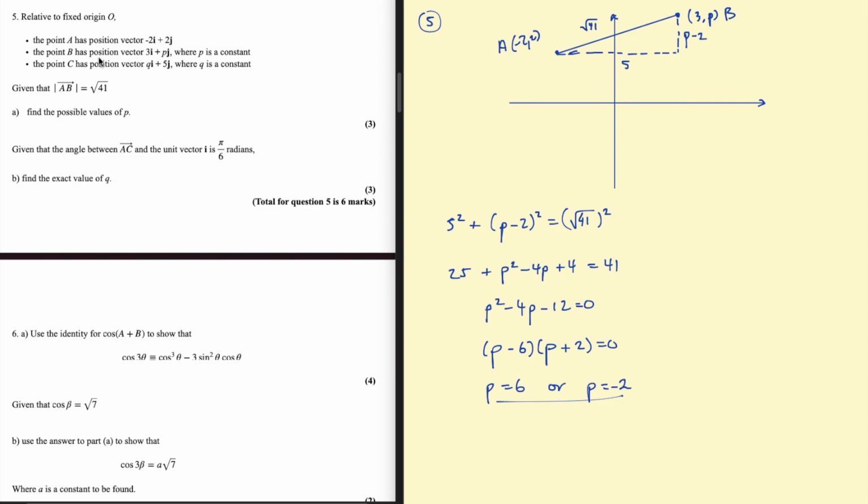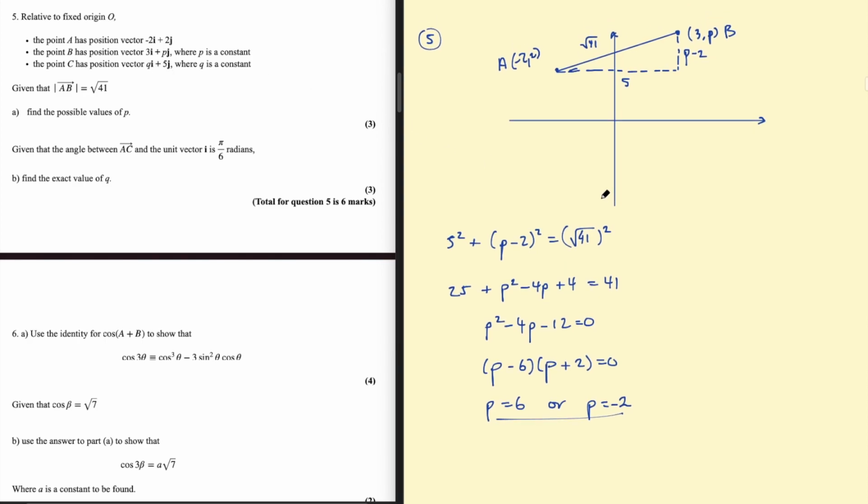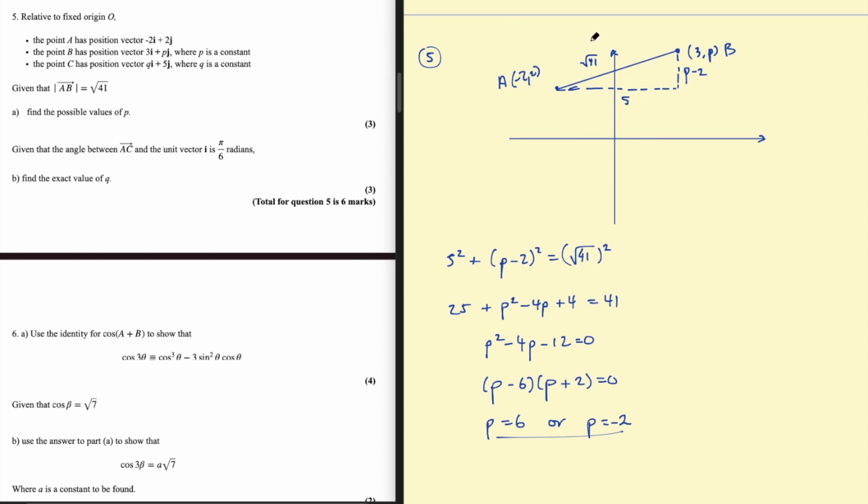Okay, so C was qi plus 5j. So let's go back to our diagram. So we know that q is somewhere, 5 units in the positive vertical direction. Let's just draw it up here. But we don't know the x-coordinate, so let's just write q, 5.